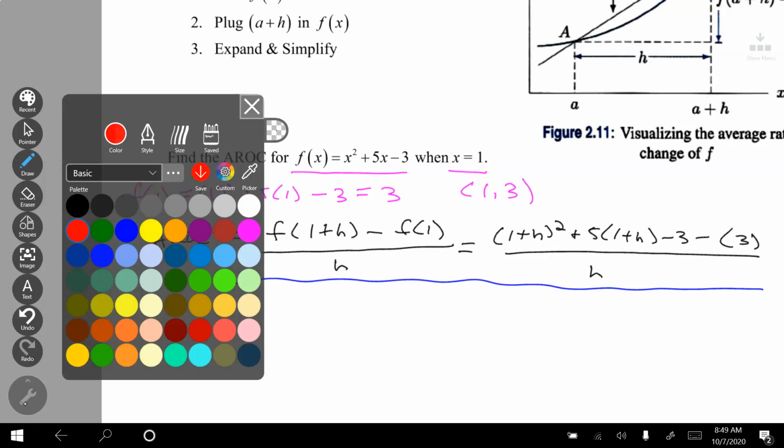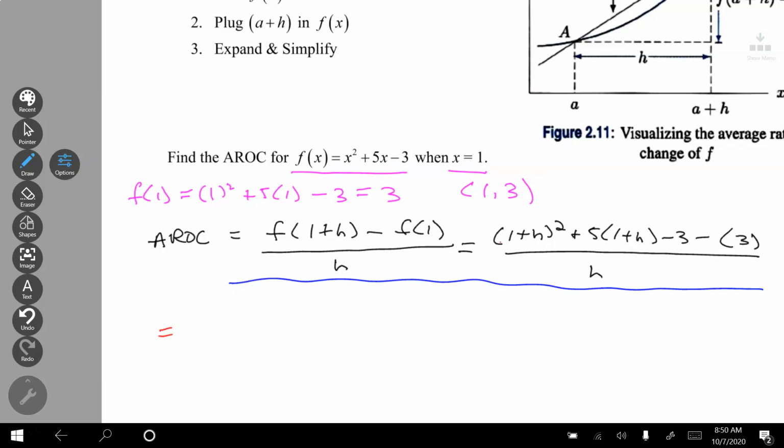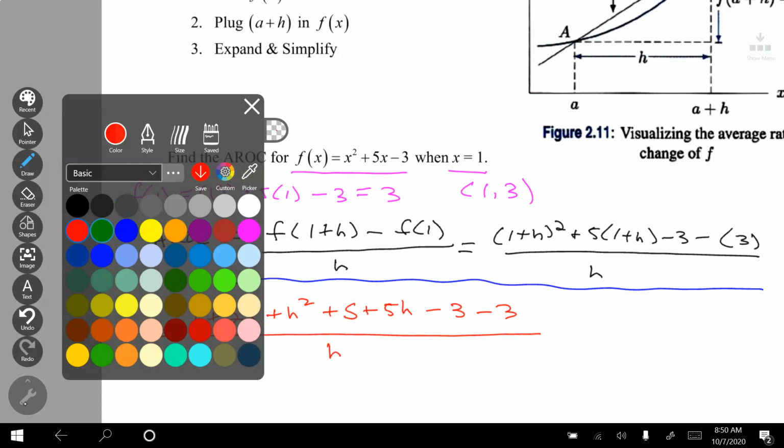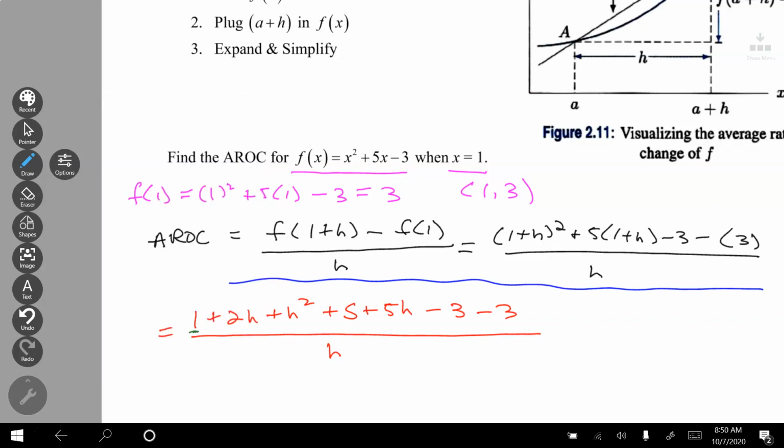I'm going to expand this out. Equals 1 plus h squared is 1 plus 2h plus h squared plus 5 plus 5h minus 3 minus 3 all over h. It's the same process as before. Anything that does not have an h should cancel out. 1 plus 5 is 6 minus 3 minus 3 is 0.